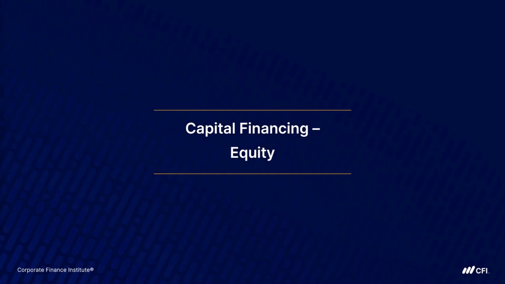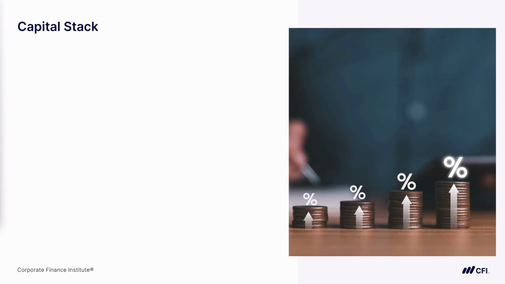We'd like to introduce a term that you're likely to encounter called the capital stack. And when we discuss how to optimally finance various capital investments, the capital stack really refers to the optimal mix of equity, debt, or a mix of the two.